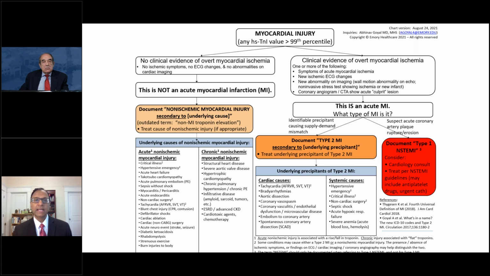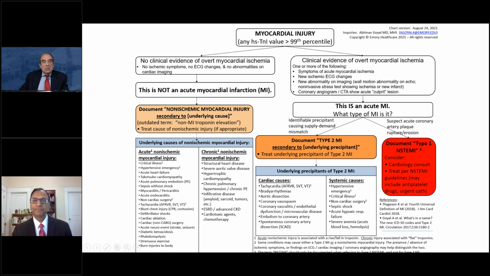Myocardial injury is for any patient that has a troponin above the 99th percentile. If there is clinical evidence of overt myocardial ischemia, including symptoms, new ischemic ECG changes, new abnormality on imaging, or angiogram showing a culprit lesion, it's called an acute MI.